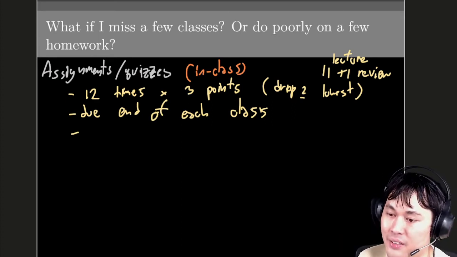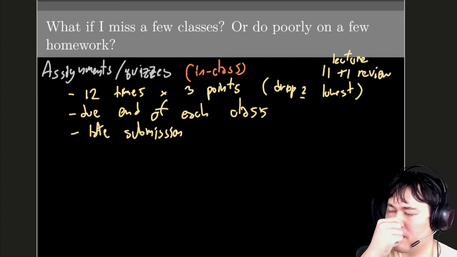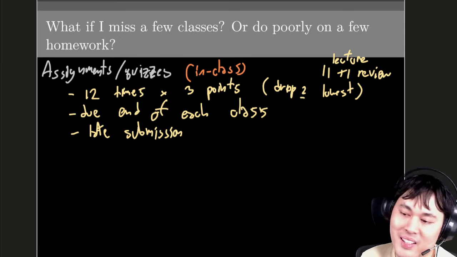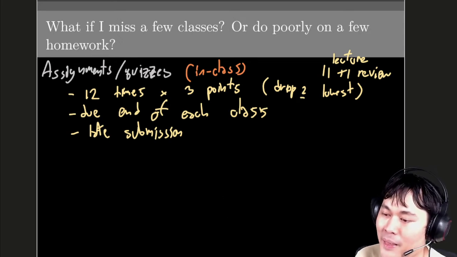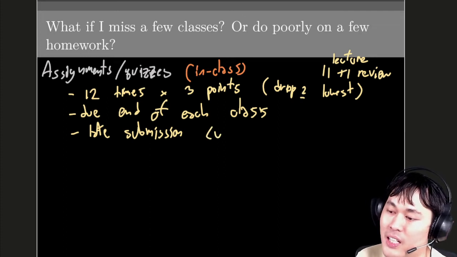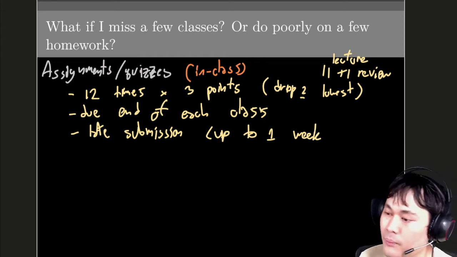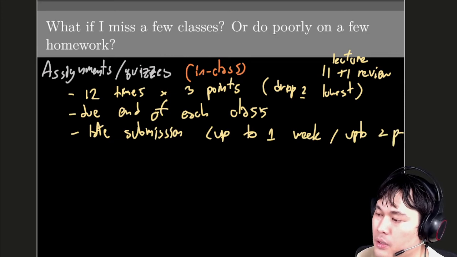And just in case you are late, late submissions are accepted, again for any reason. Maybe you are sick, maybe you totally forgot about class, maybe you overslept. For late submission, you are allowed to submit up to 1 week after the class, and you only get up to 2 points.